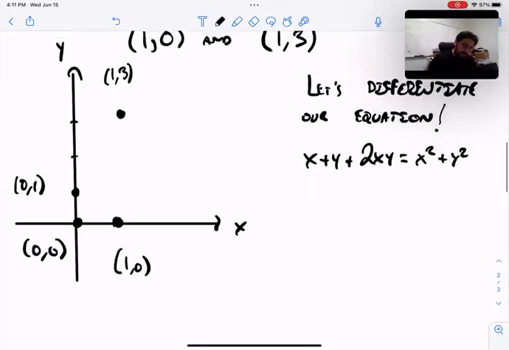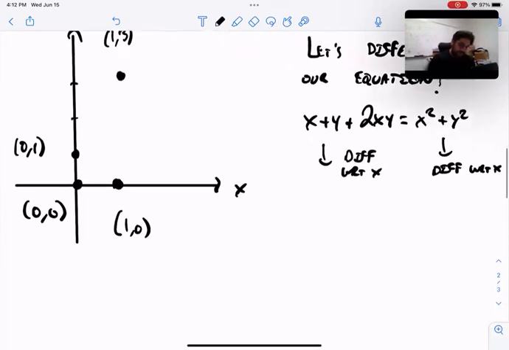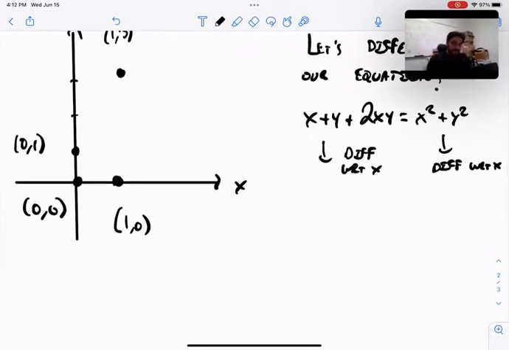And I want to take both sides and differentiate with respect to x. So I'm going to take the derivative of this side with respect to x, as well as the derivative of this side with respect to x.